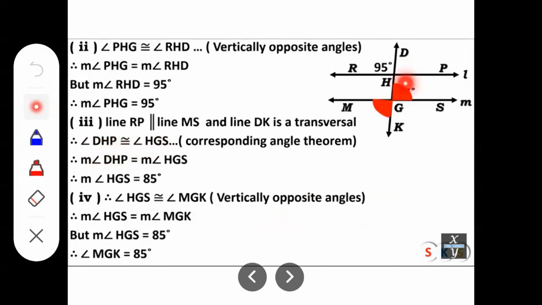The reason is the corresponding angle theorem. As both the angles are congruent to each other, their measurements will be equal. So the measurement of angle HGS will be 85 degrees.